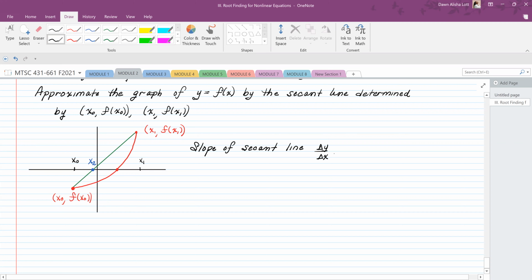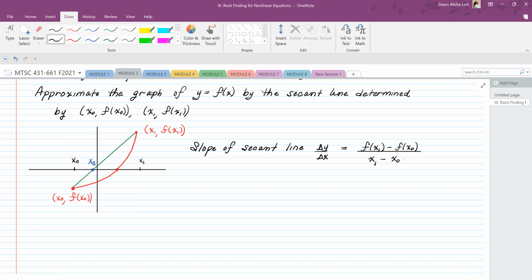So for us, the slope of the secant line is simply f of x1 minus f at x naught, divided by x1 minus x naught.